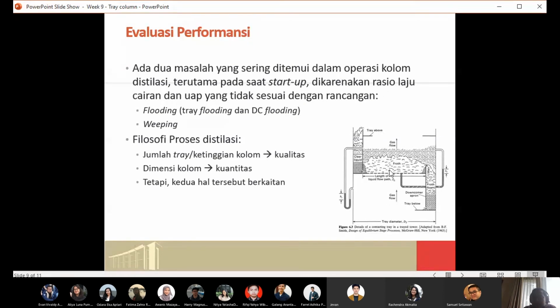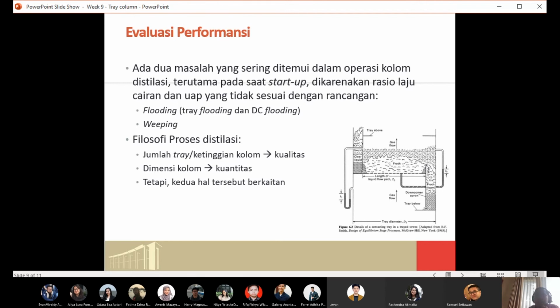The problem of flooding is that it makes it difficult for the gas to pass through and contact the liquid, because the liquid thickness is more than normal. So it will be difficult for the gas to penetrate that very thick liquid inside the tray.